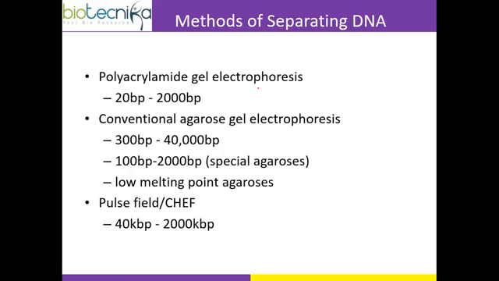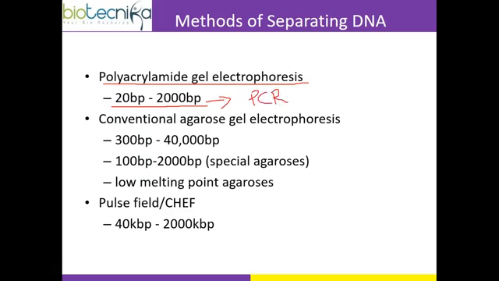So next we are going to see the qualitative. Mostly the DNA will be separated by, if the size of the DNA is 20 base pair to 2000 base pair, it can be separated using polyacrylamide gel electrophoresis. Mostly people will use this one to check the quality of PCR primers.